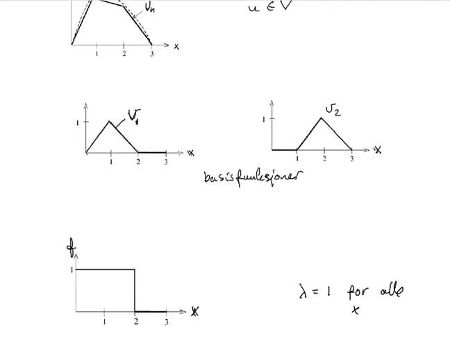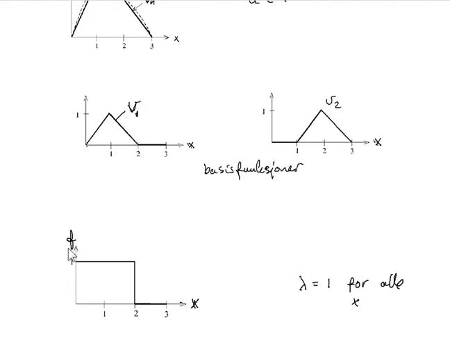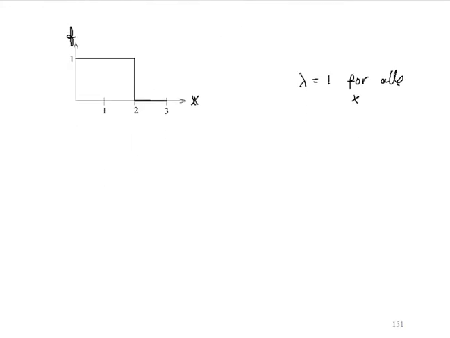Moreover, we will, as an example, use the following source. F is a constant function from 0 to 2. It's defined as 1 in this area, and it's going to be 0 in the rest, from 2 to 3. So this is given in our task. For simplicity, we choose that the conductivity is equal to 1 in the whole interval, for all x.